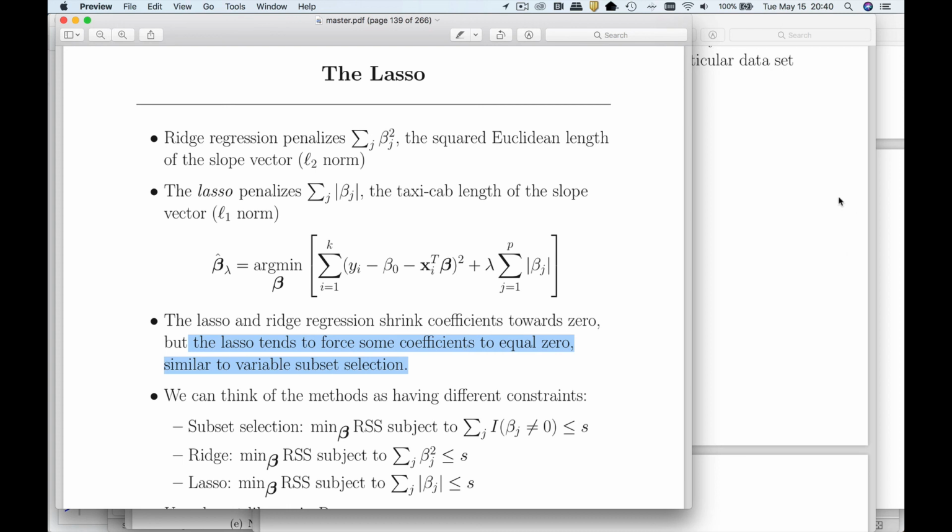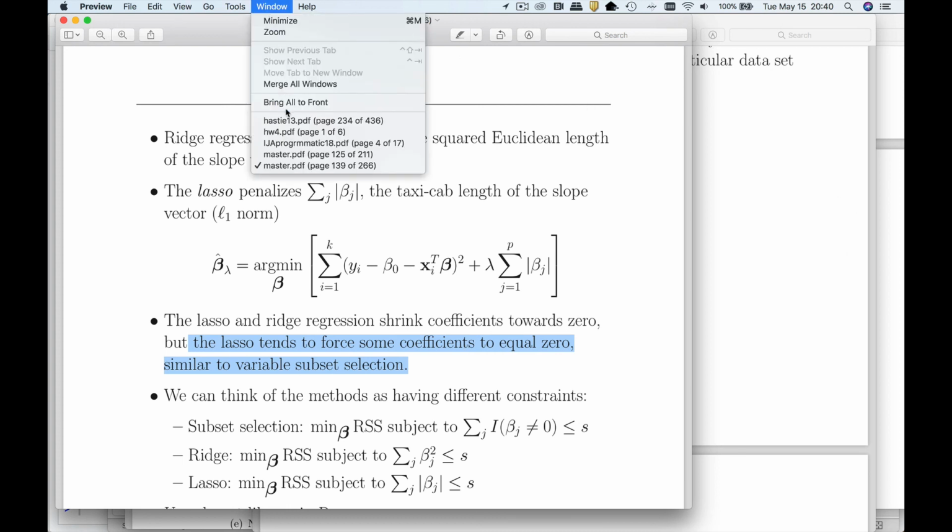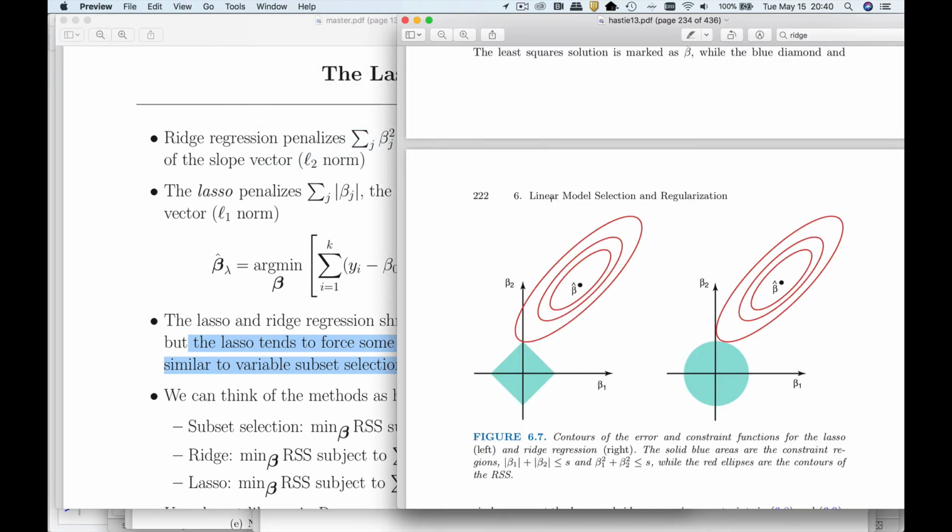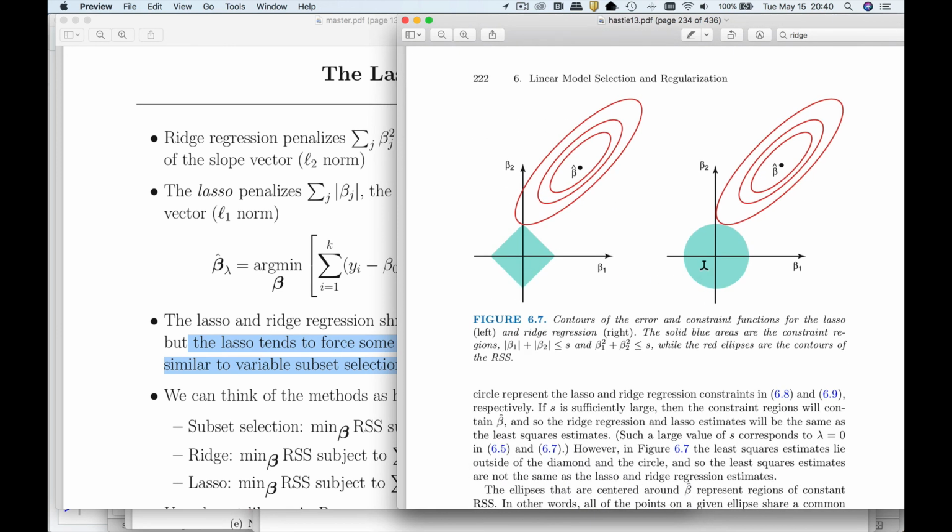For an explanation of this, go to your textbook. This is page 222, and it gives a beautiful explanation for why some of these betas, in this case beta 2, get zeroed out. Whereas with ridge regression, all of the coefficients will be non-zero, although many of them will be quite small.